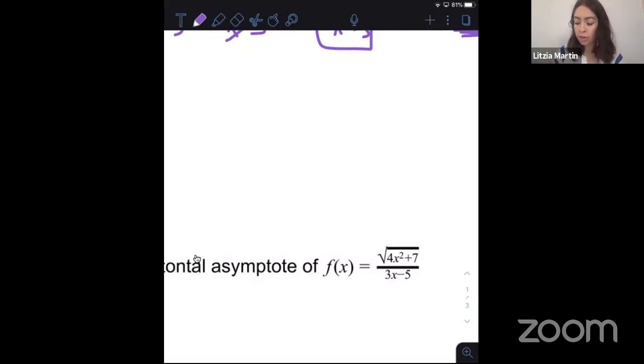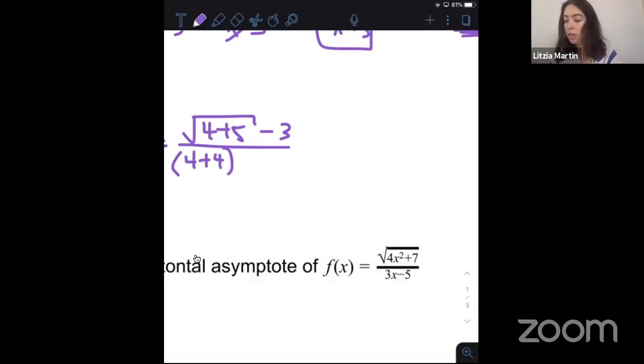So actually direct substitution is all we need to do in this case, even though it does look like a rationalizing problem because I see that square root. Sometimes you want to just go straight into rationalizing, but remember, direct substitution first and see if that works. So this becomes the square root of 9, which is 3.